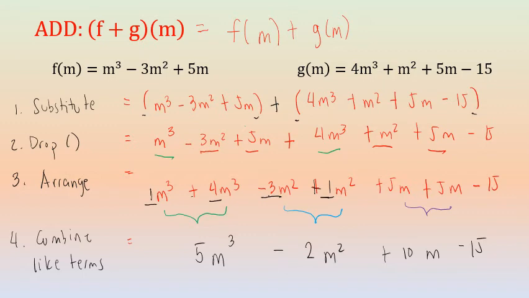The sum will be 5m cubed minus 2m squared plus 10m minus 15. This is now your final answer.